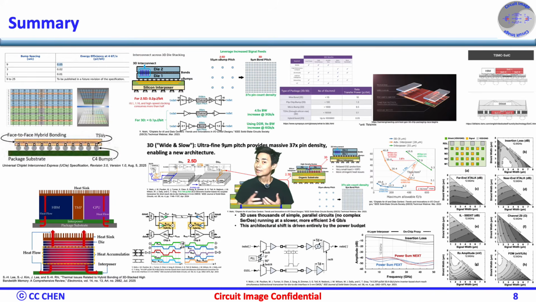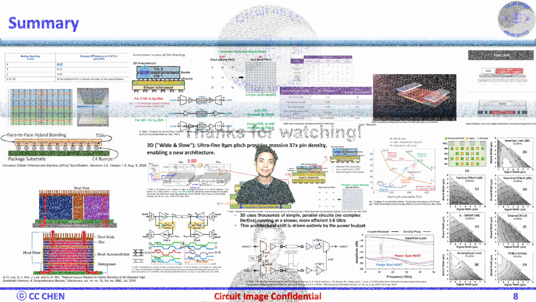Circuit tricks like crosstalk cancellation and SBD can stretch limits, but they exact a cost in complexity, area, and power. And the only viable path for dense 3D is optimizing energy per bit rather than speed per wire. Because in the end, bandwidth density is constrained by power, thermal, SI, etc.